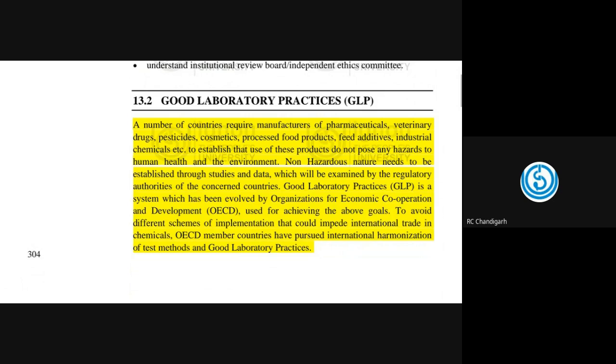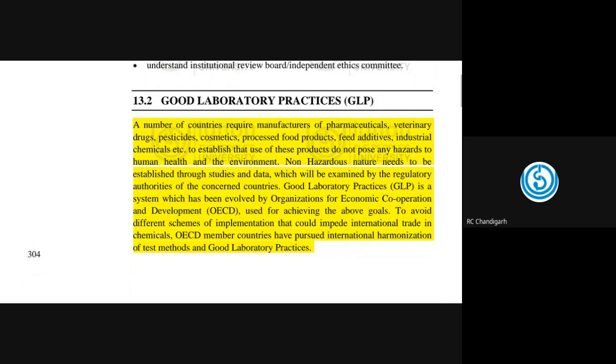There are different pharmaceutical products and cosmetics which are used for the betterment of human health and must not pose any hazards to human health or the environment. Non-hazardous nature needs to be established through studies and data, which will be examined by regulatory authorities of the concerned countries.